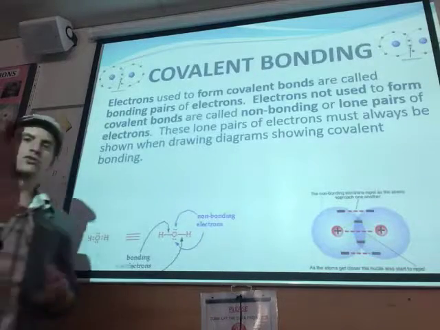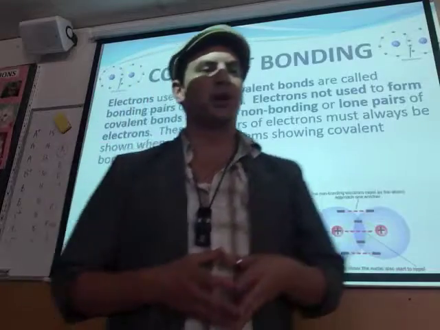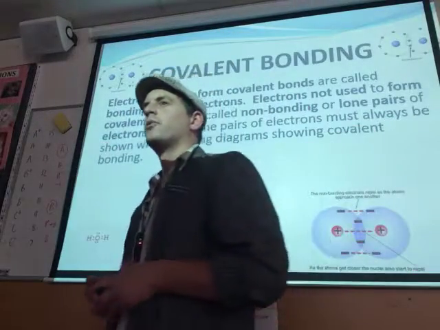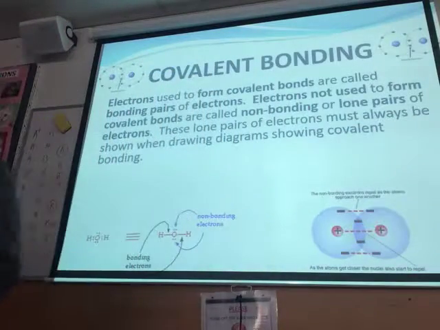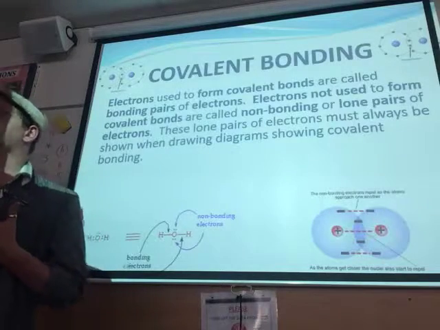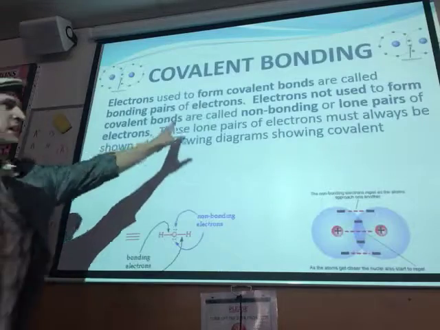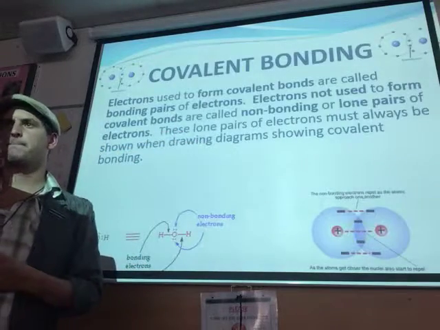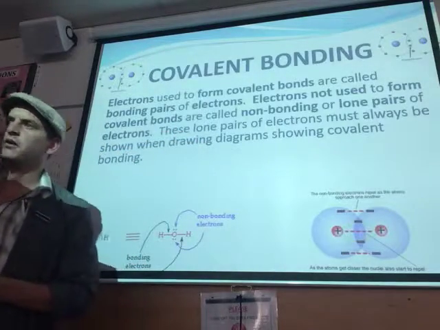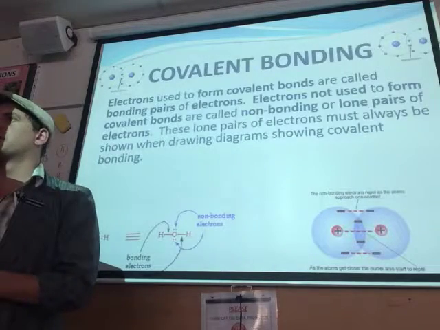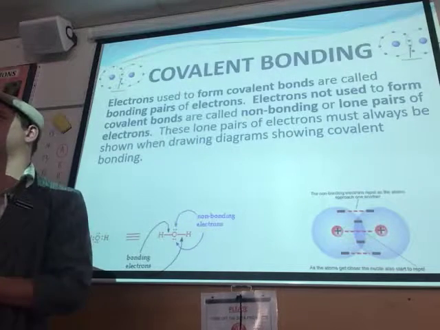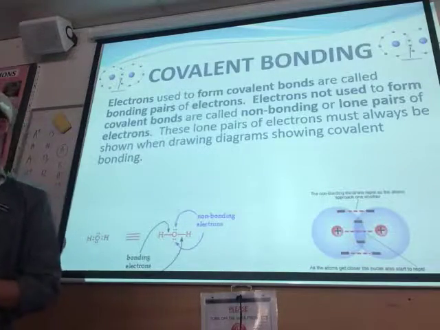And I'll show you how to draw the diagrams later, but I want to get the terminology down pat. When you see the term lone pair or non-bonding pair, those are electrons that are not involved in the sharing. It's the bonding electrons that are involved in the sharing. So oxygen, yes, it's sharing 2 electrons, but it has 2 other pairs that aren't doing anything, just buzzing around.